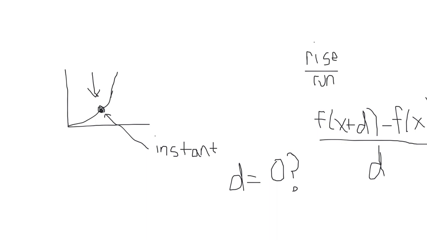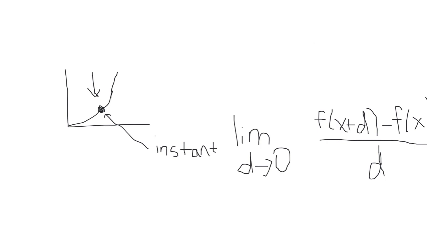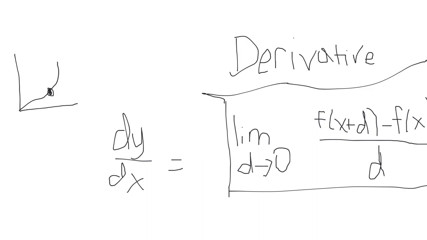What I can do is make the limit of d approach 0. This represents what a derivative is. The rate of change, this is dy over dx: how much y is changing at that instant compared to that instantaneous change of x.